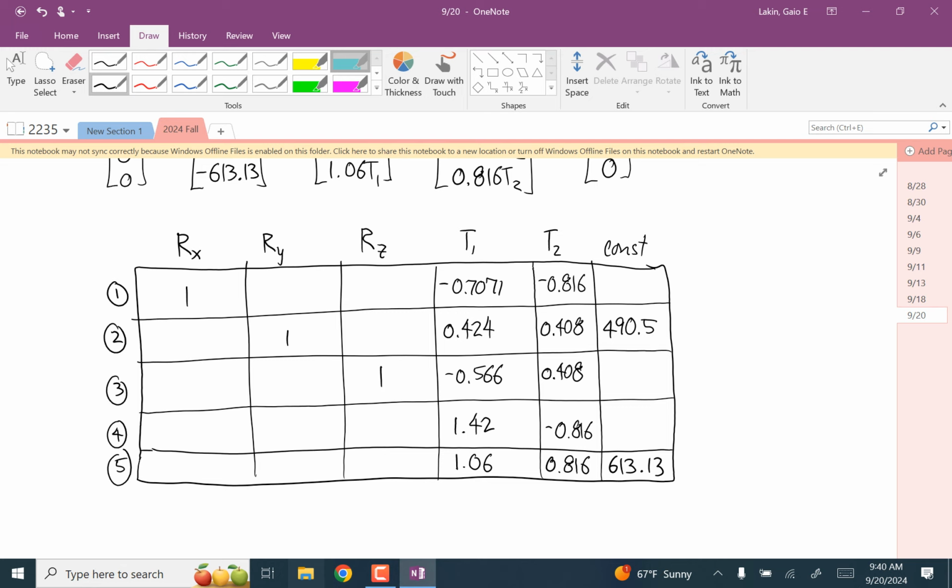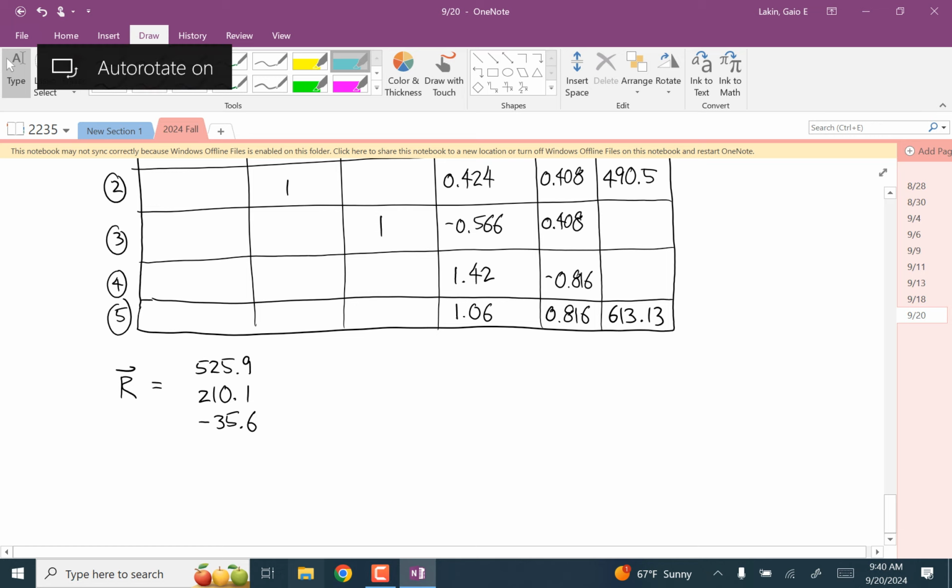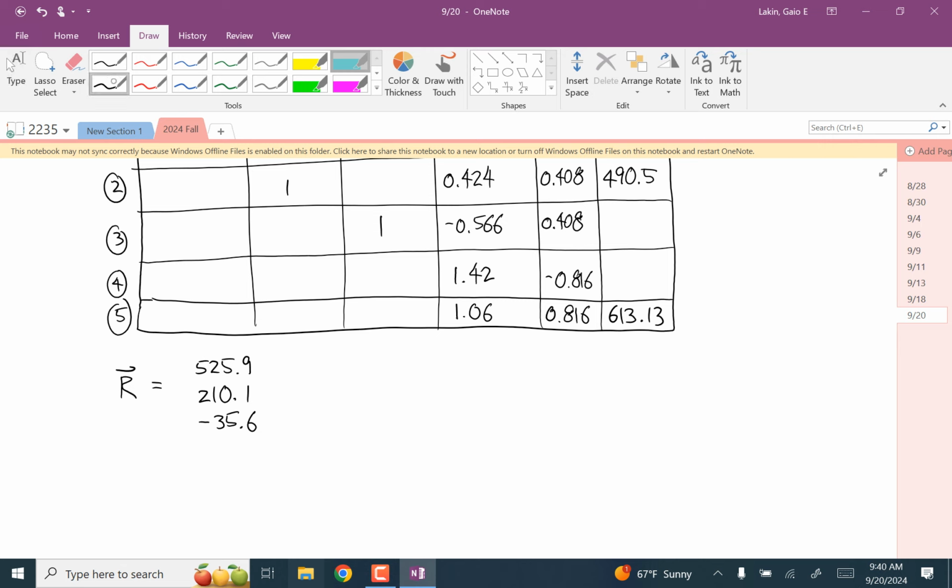And then put this into reduced row echelon form, and you get that R is 525.9, 210.1, negative 35.6. And this is all newtons.